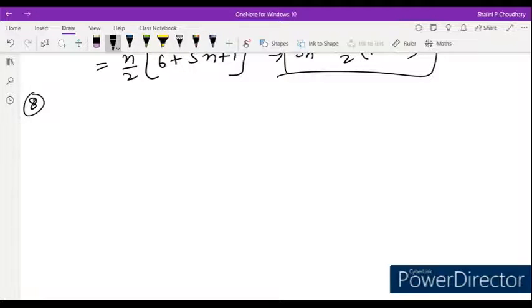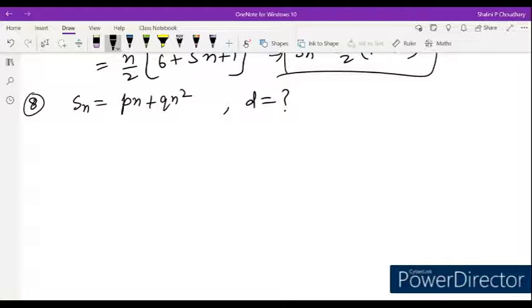In question number 8, the sum of n terms of an AP is given by Pn plus Qn square, where P and Q are both constants. We have to find the common difference.